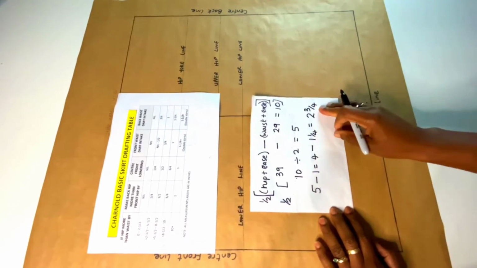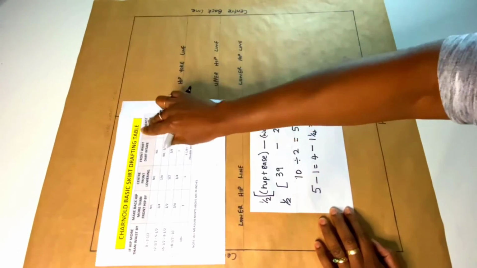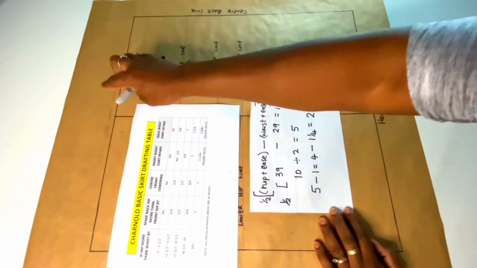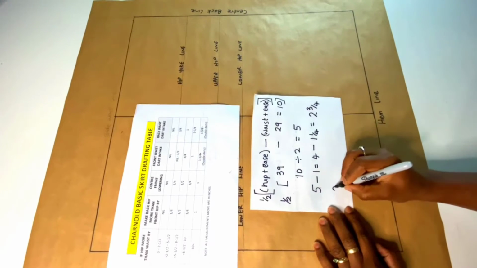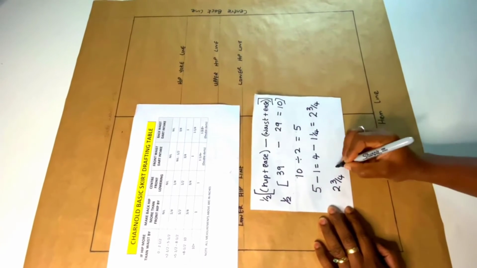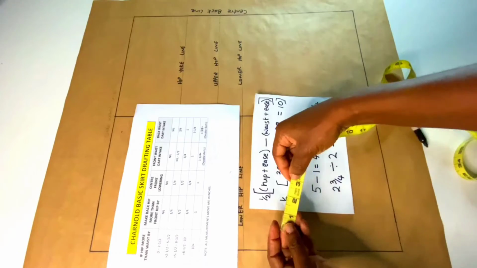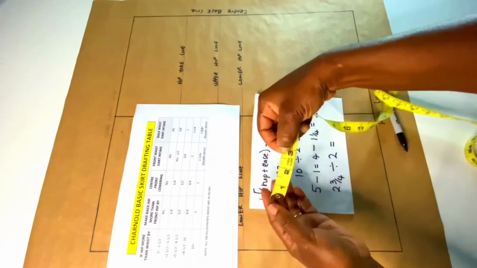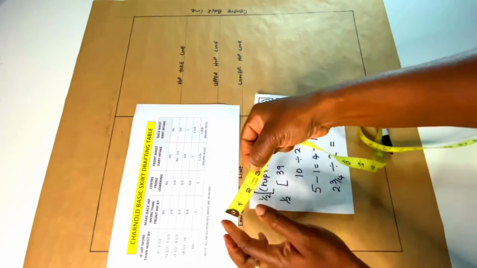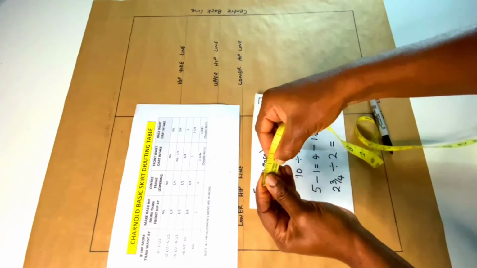Now these 2 3/4 inches that we have will be shared between the front side and the back side. So we'll divide the 2 3/4 inches by 2. We can make it easy for ourselves by using our tape. So here we have 2 3/4 inches on the tape, and we fold that into 2 to give us the half portion.